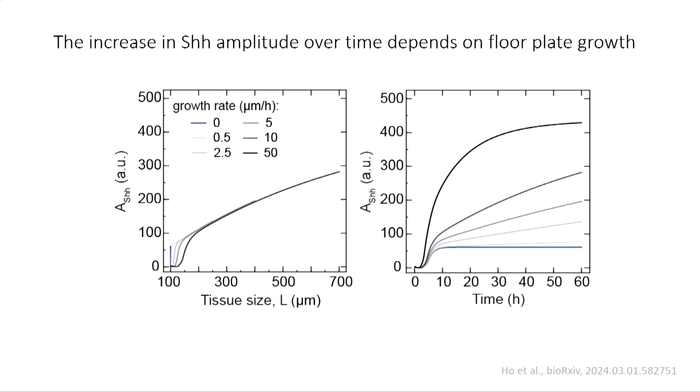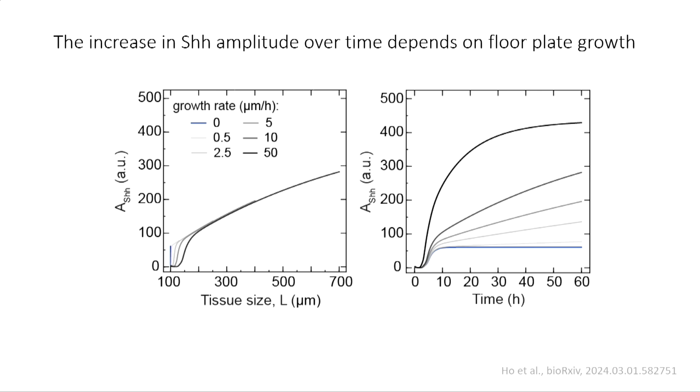And here, as a function of growth, it also scales. So probably you would say, okay, maybe this is related to the floor plate size, and indeed it's related, it saturates later on. But maybe this is not the key observation. The key observation is that depending on the growth, this could really change.